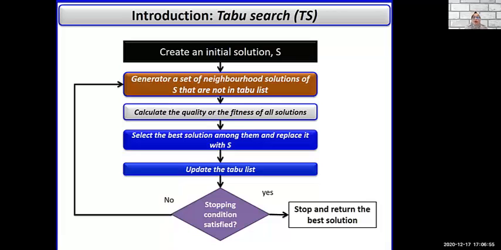The Tabu list is used in order to avoid revisiting a state that was already visited previously. So a new neighbor is considered only if it is not restricted by the Tabu list. Then again, we check the stopping condition.